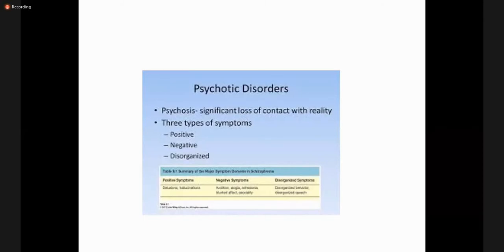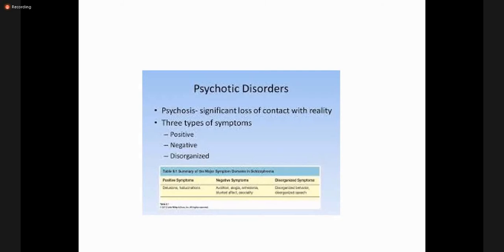So it's A-V-O-L-I-T-I-O-N. Anhedonia, which is a lack of interest and enjoyment in daily activities. Alogia, which is decreased speech, or you can say that the patient becomes silent.